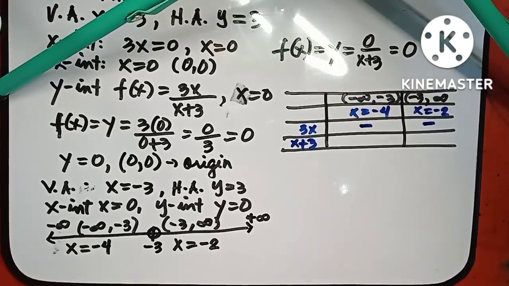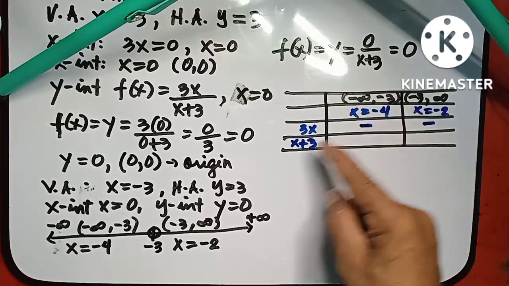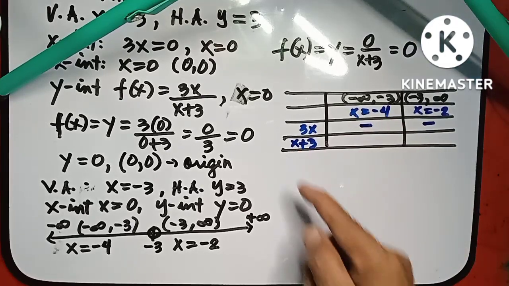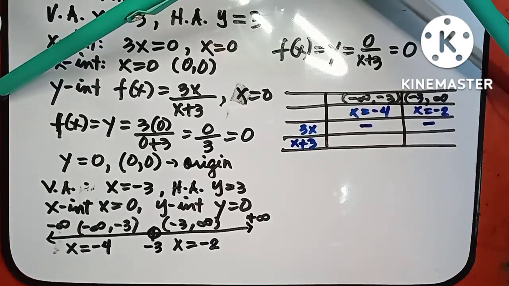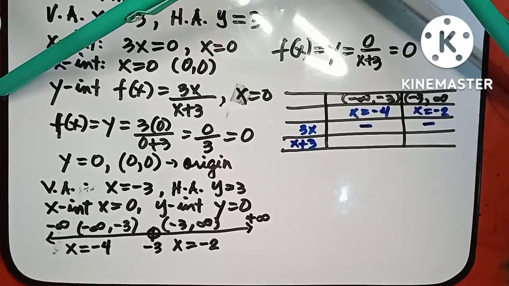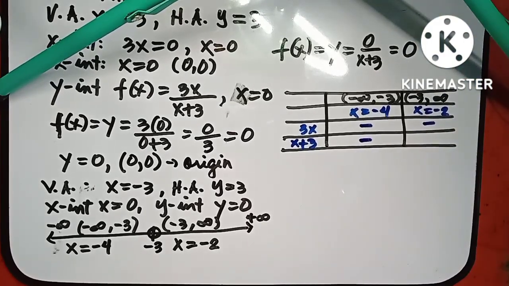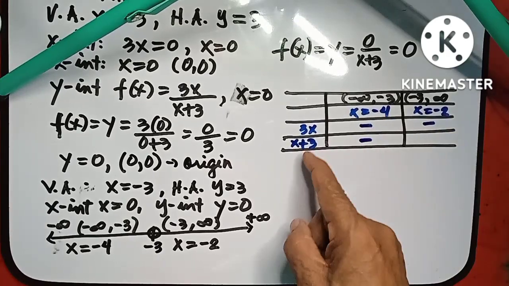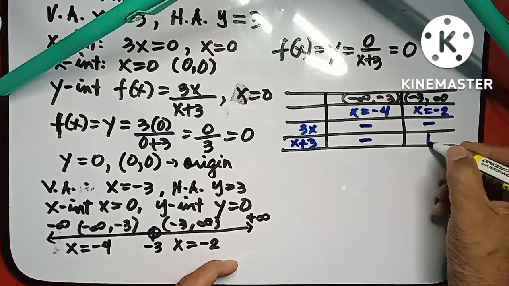And we go to the denominator. If x is negative 4, negative 4 plus 3 is negative 1, so the sign is negative. And if x is negative 2, negative 2 plus 3, the sign is positive.